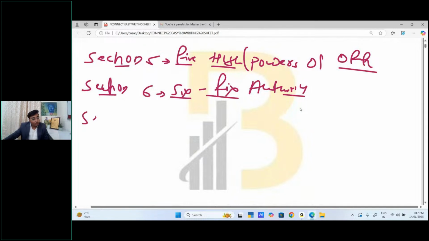Section number 7, the most important section of the CGST Act, you can say, and this is the base of applicability of GST. Multiple times we are saying that on this particular type of supply GST is applicable or not applicable, or what will be the rate which is applicable, or whether the supply is a mixed supply or composite supply, or what will be the time of supply, what will be the place of supply.